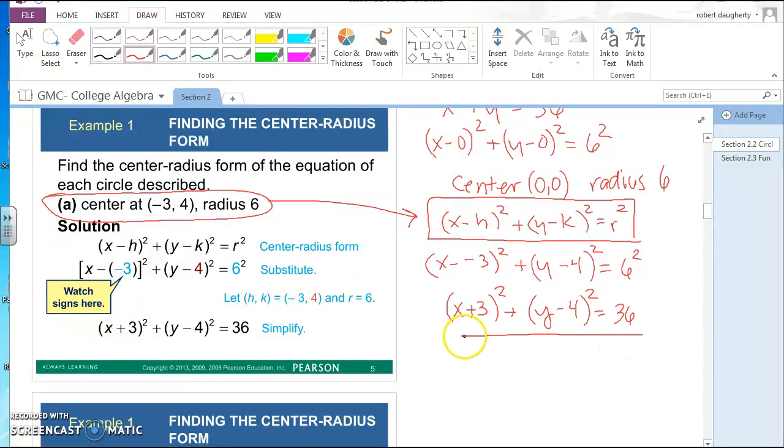Now I can look at that equation and know that the center is (-3, 4) and the radius is 6, because 36 is 6 squared. So this is just knowing the formula for the equation of a circle and then being able to work with that formula.